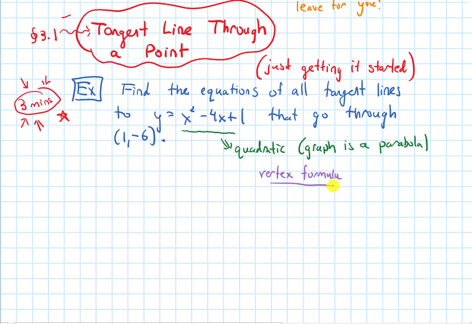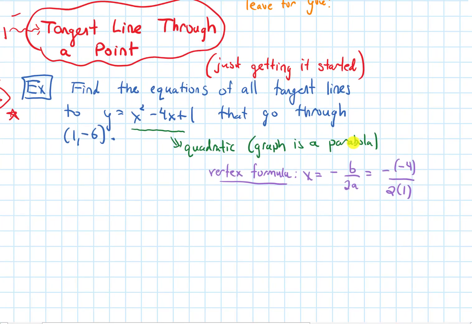The vertex formula says the x-coordinate of the vertex is negative b over 2a, where I use ax squared plus bx plus c. So I have negative, and then my b is negative 4, over 2a, and the a is 1. Simplifying this, we get 2. That is our x-coordinate. If we plug that into this equation, our y-coordinate is 2 squared minus 4 times 2 plus 1, which is negative 3.